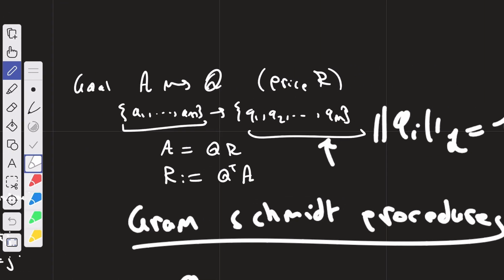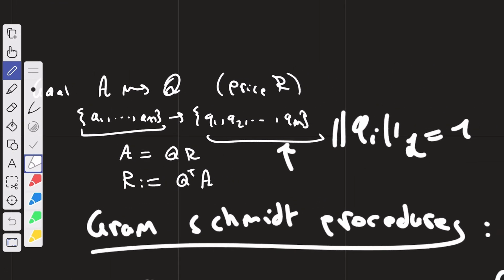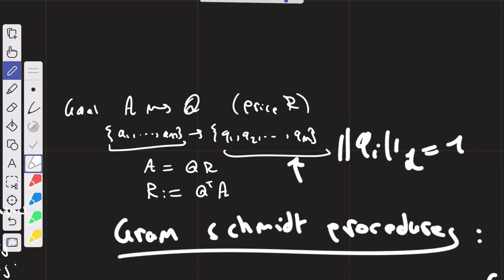Now let's see if there's some tool to do that. So the idea again, let's recall it one more time. We're going to start with A that has an arbitrary set of columns, and the goal is to transform this into a matrix Q with columns that form an orthonormal set. Let's say we could transform these columns to that matrix.